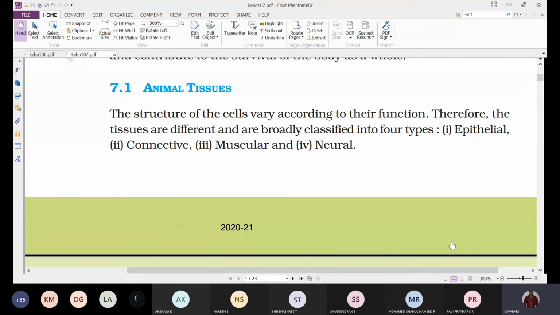That's why they need to be elongated, because they will not move. They are fixed, but they need to transmit the information from one part of the body to another part. That's why they are elongated.